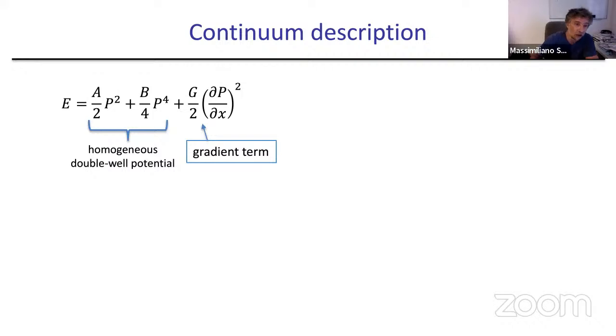We have the homogeneous double well potential of the bulk ferroelectric, and we add a gradient term that penalizes inhomogeneous structures, because the polarization wants to be homogeneous, and these walls emerge because of entropy, but have a certain energy associated to them, an energy cost, which is sort of conveyed by this G coefficient in the continuum Hamiltonian.